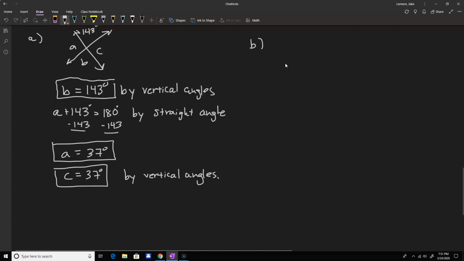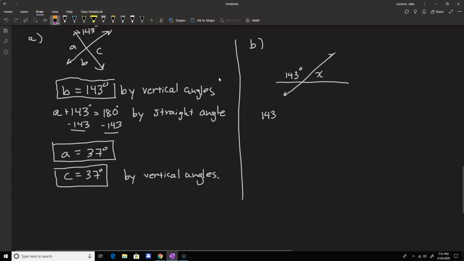Maybe we have just a straight angle here. So maybe we have something like this, where we have this angle 104, and we have this side as X. So we know, again, by straight angles, 143 plus, well, actually, I meant to write 104.